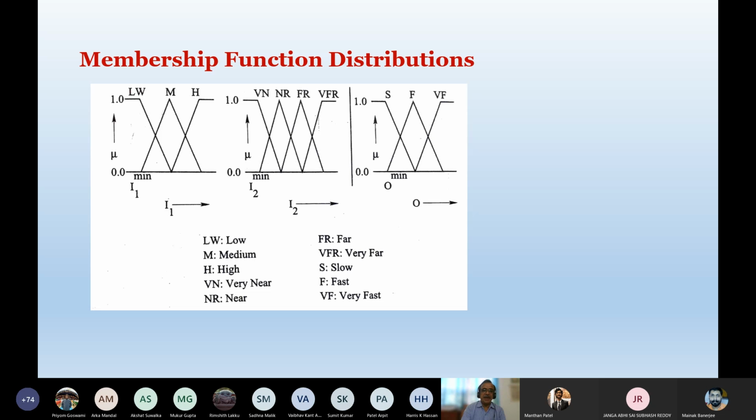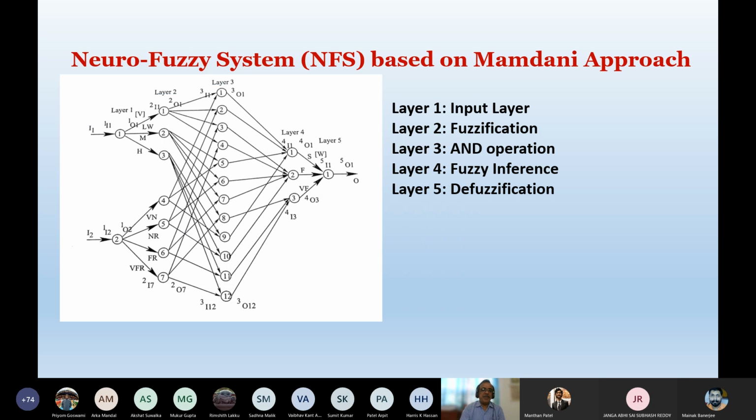Remember, this is nothing but the Mamdani approach of the fuzzy reasoning tool, which I am going to discuss. The moment we pass the input to the second layer, I get the output, and this output is nothing but the membership function distribution corresponding to this input.